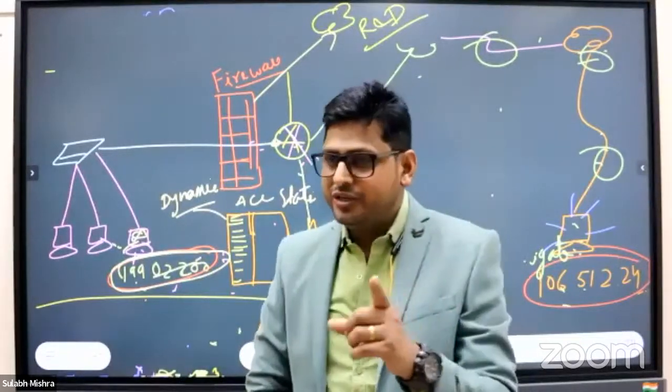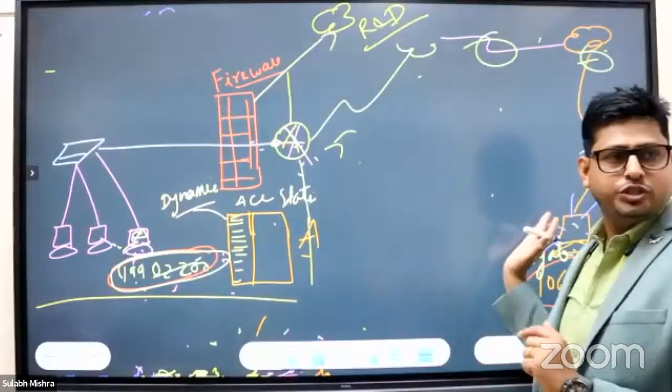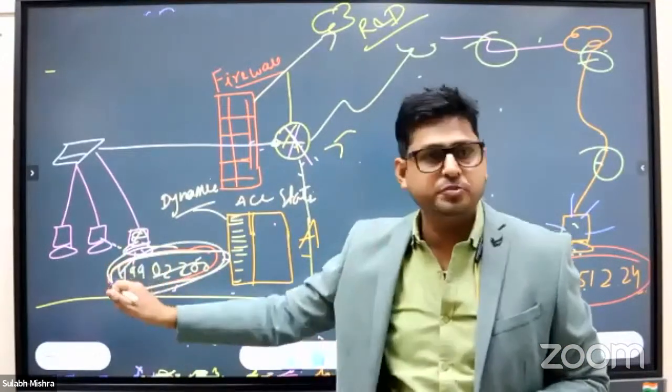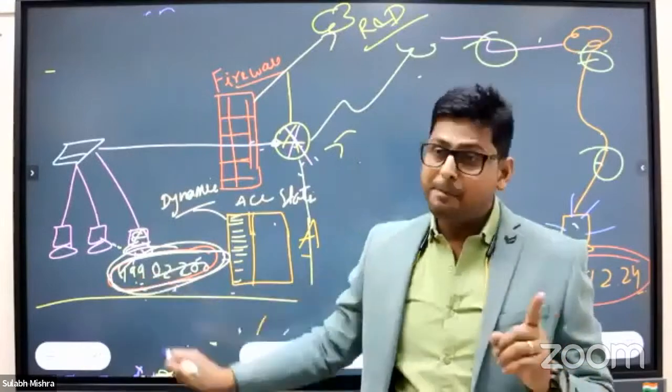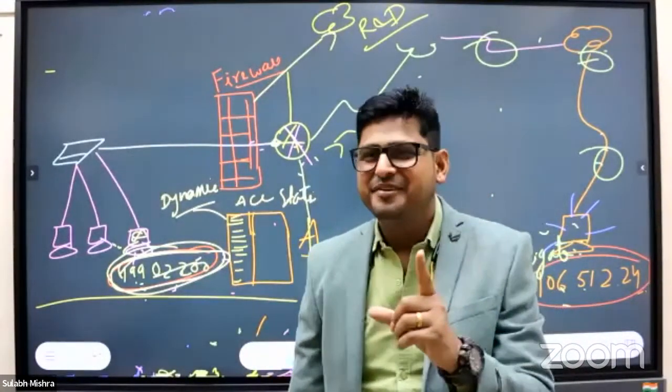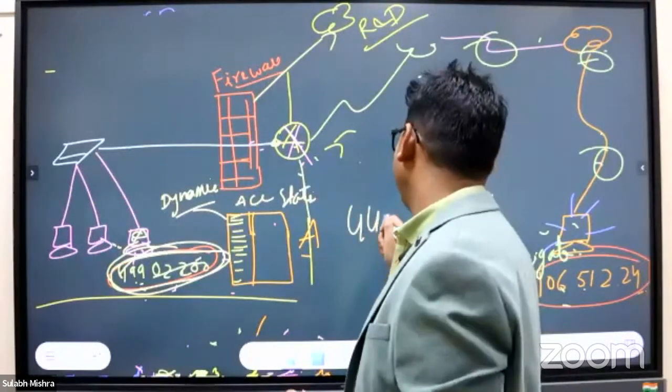So you can create a rule where anybody from outside can access this particular destination machine on this IP address, but the port number should be only 443, no other port number.